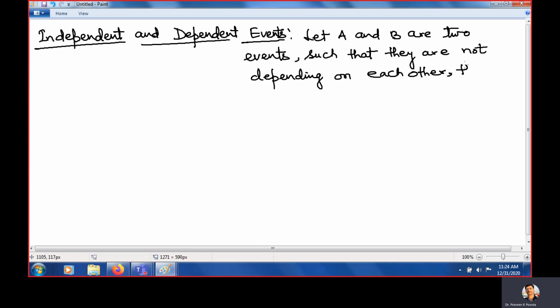Clear? Then please remember that the probability of A intersection B, meaning both A and B, will be equal to the probability of A times the probability of B. This is the condition. Clear?